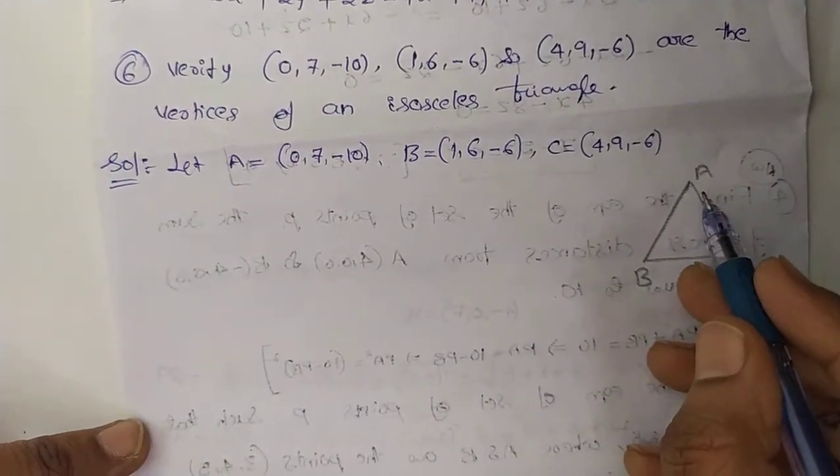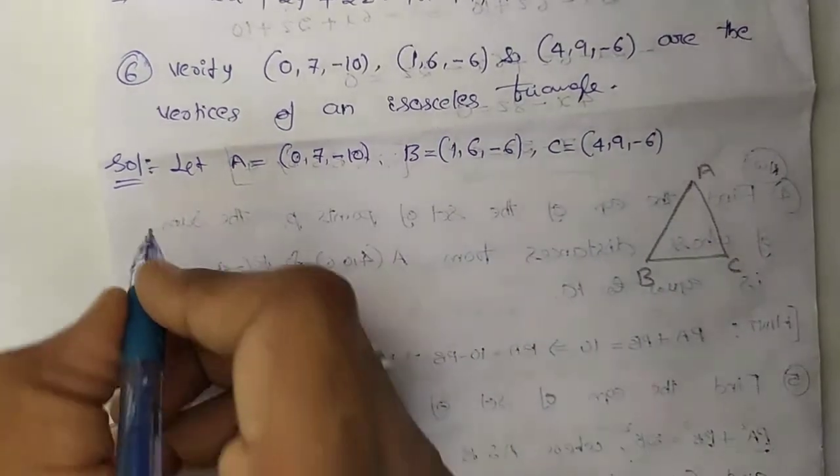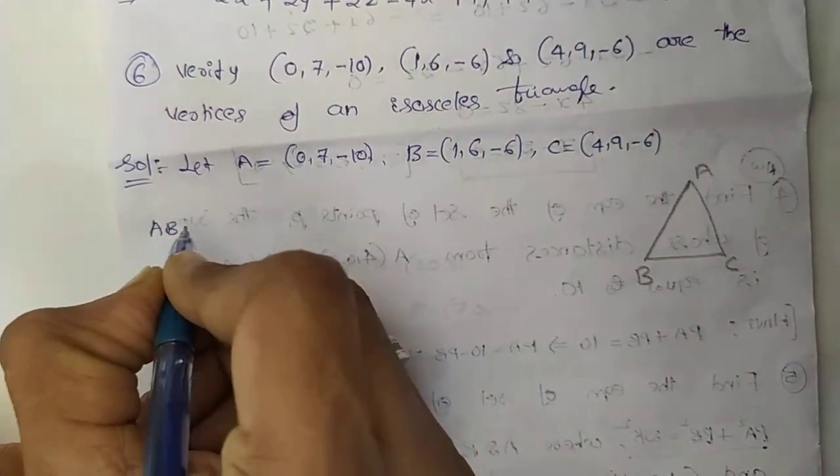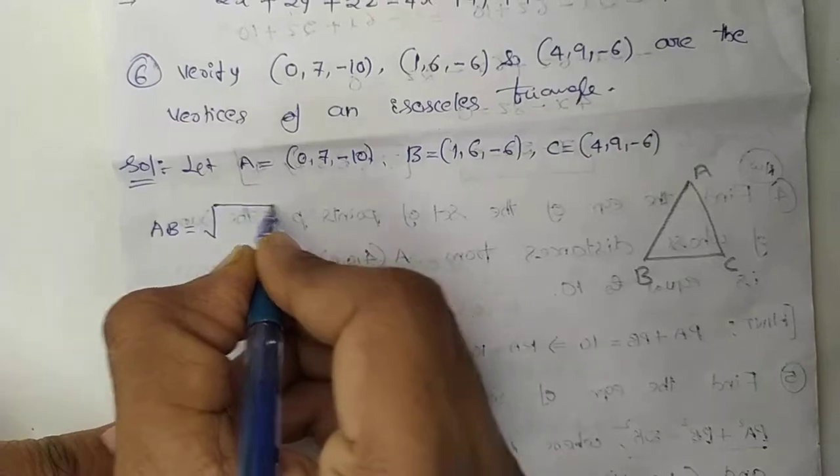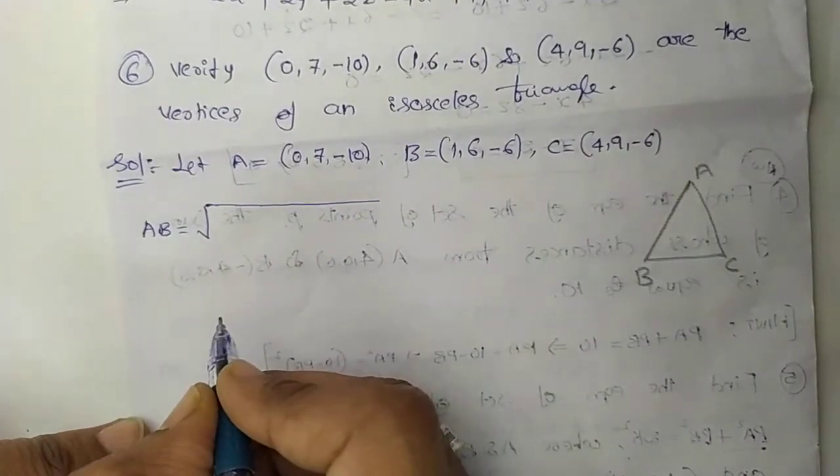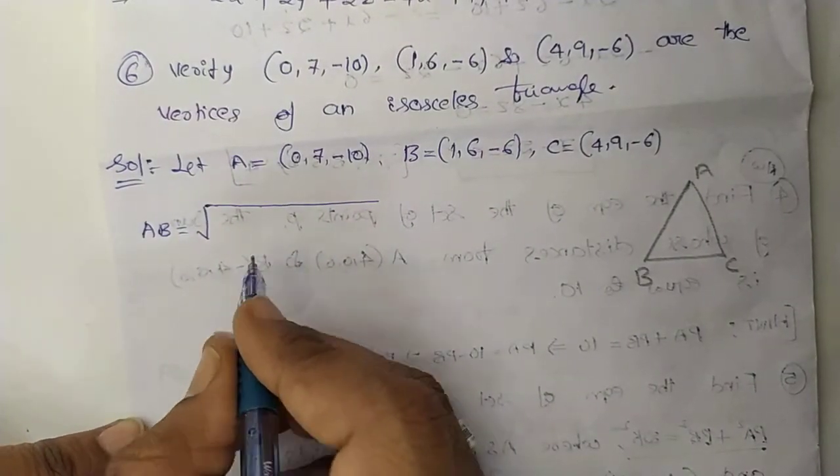Now find the distance AB. How to find the distance AB? It is the square root of (x2 minus x1) whole square plus (y2 minus y1) whole square plus (z2 minus z1) whole square.